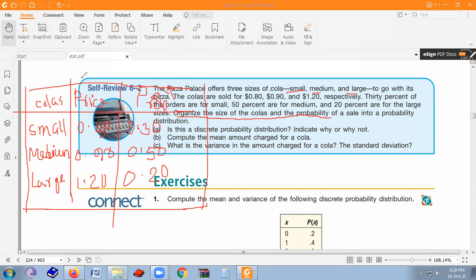So this is a discrete probability distribution, because there are three categories of colas: small, medium, large, and their price is fixed for everyone. Although there are fractions 0.80, 0.90, 1.20, they are clearly separated. The price is the same for every size of cola. And the sum of the probabilities must be equal to 1, and the events small, medium, large are mutually exclusive.